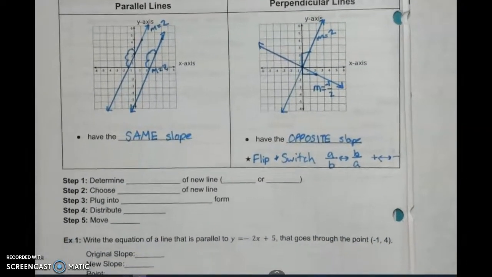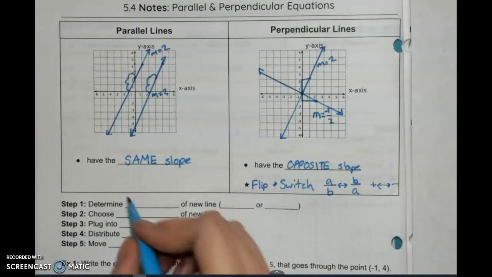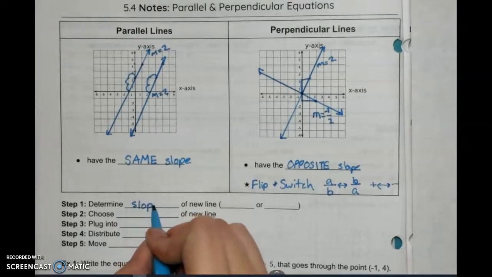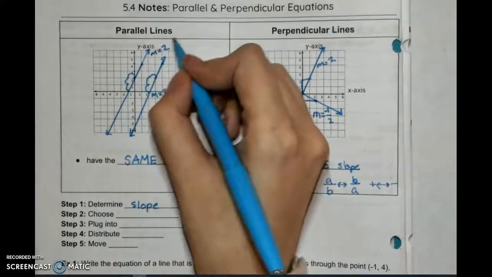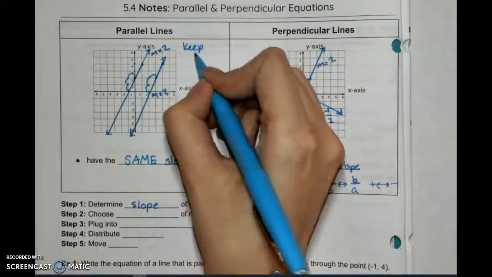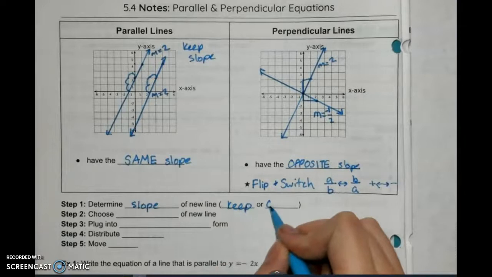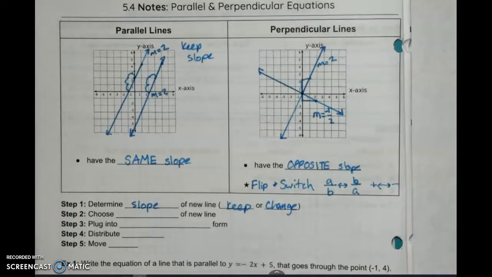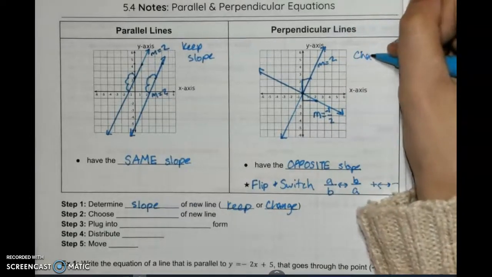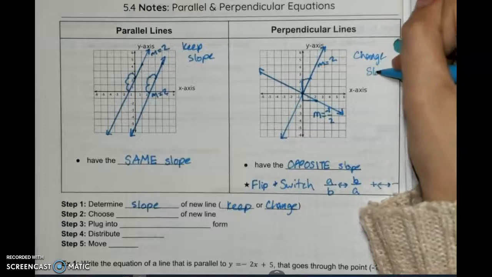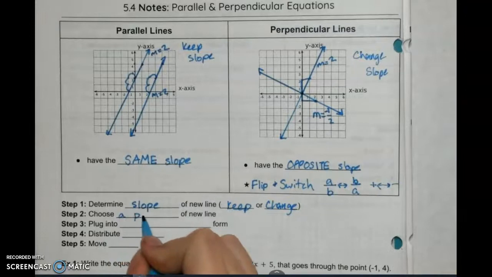So let's look at how we're going to write an equation. First, we have to determine the slope of the new line. We're going to keep it if it's parallel. So these keep slope. Or we're going to change it if it's perpendicular. See how these have different slopes. Then we're going to choose a point on the new line.